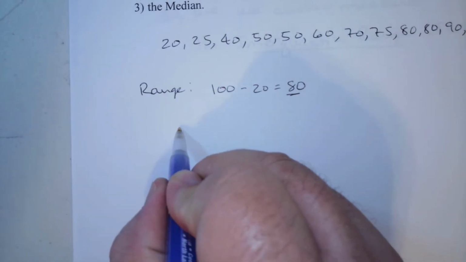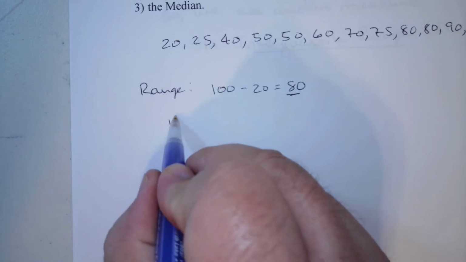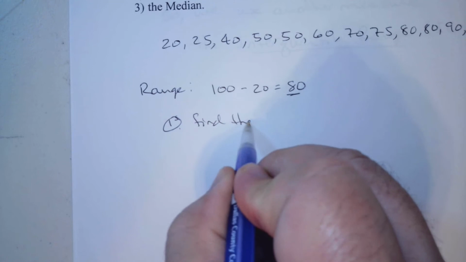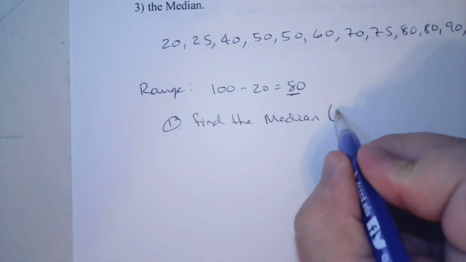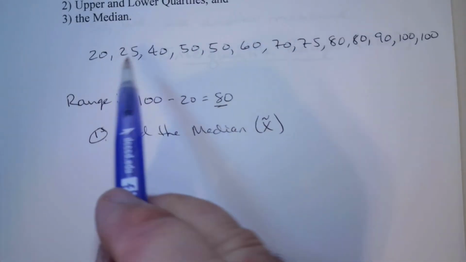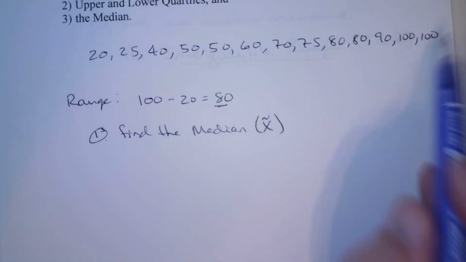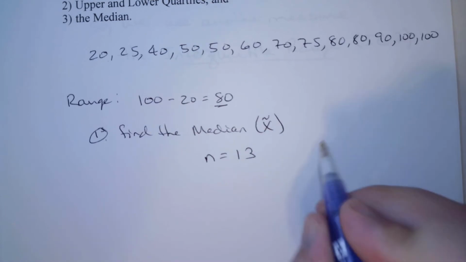So remember, this is an interquartile range. So first, find the median. 1, 2, 3, 4, 5, 6, 7, 8, 9, 10, 11, 12, 13. So n is 13.